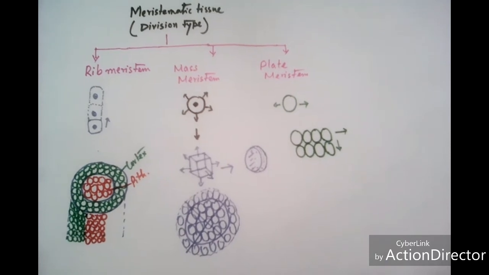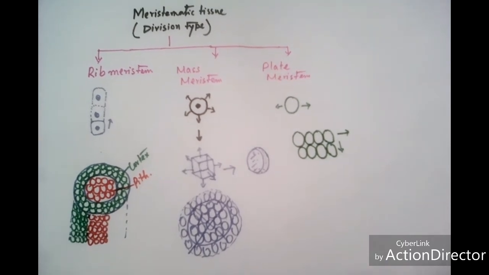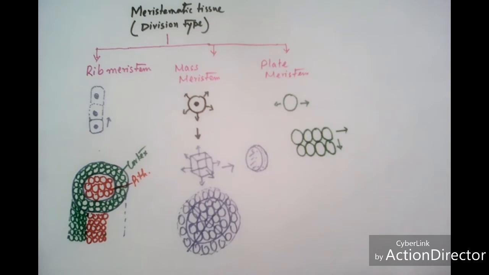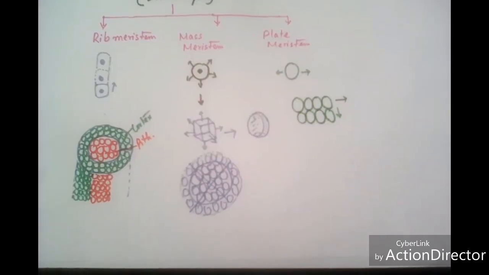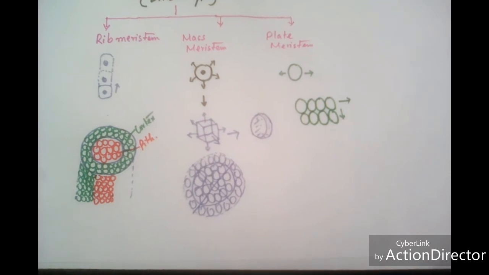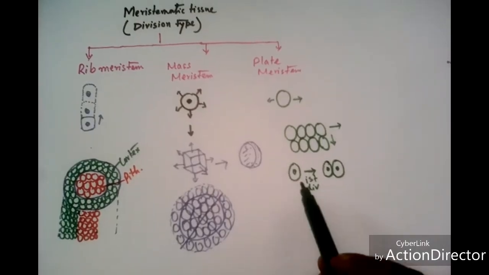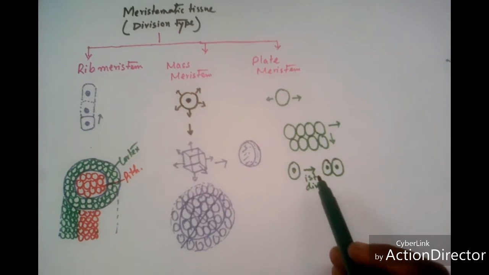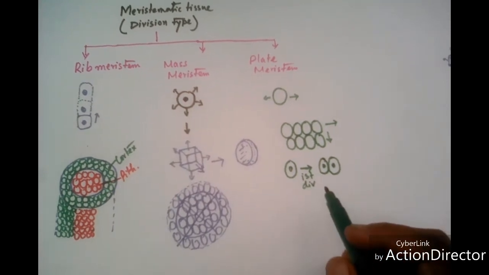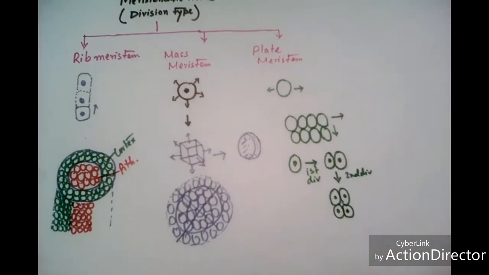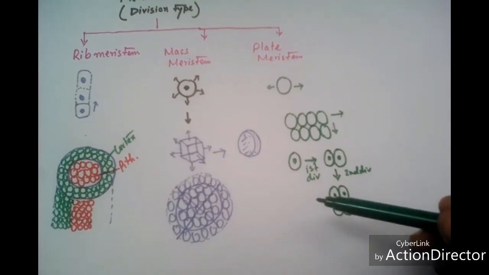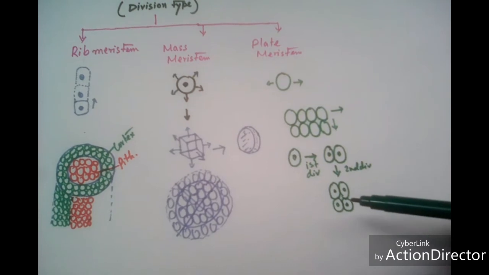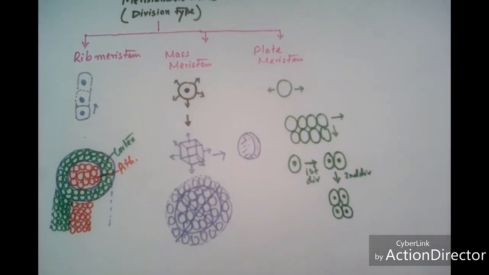In the leaf, plate meristematic tissue is present. In plate meristematic tissue, cells divide first this side and then divide the other way, so it produces a thin and flat structure.